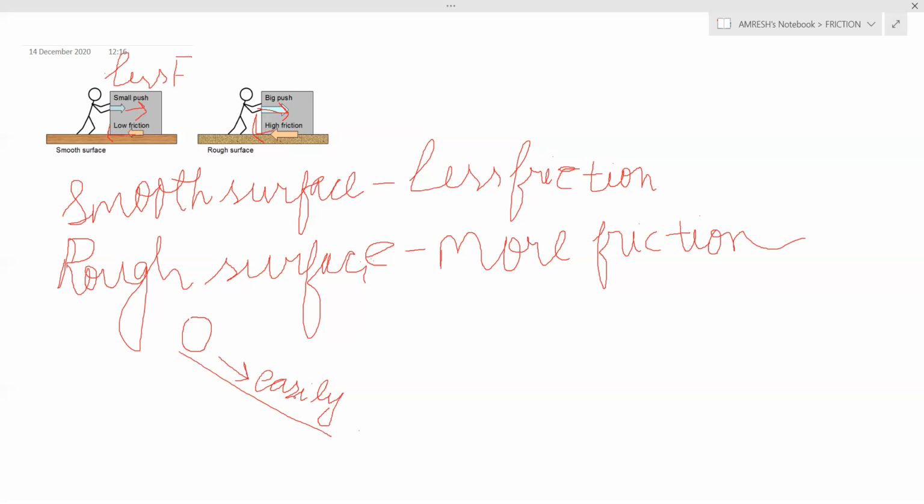So the ball has a tendency to stop. And if the ball goes on a surface with no friction, then it will go without stopping. So now you have understood the definition of friction. Friction means stopping force, the force that has a tendency to stop moving objects.